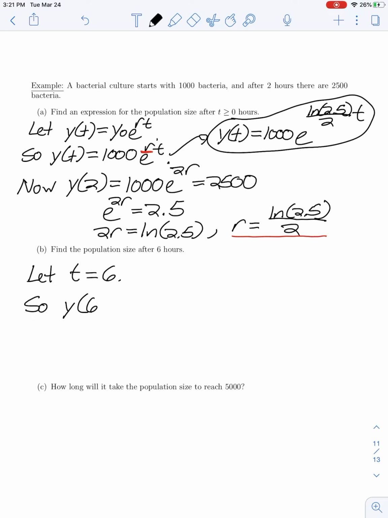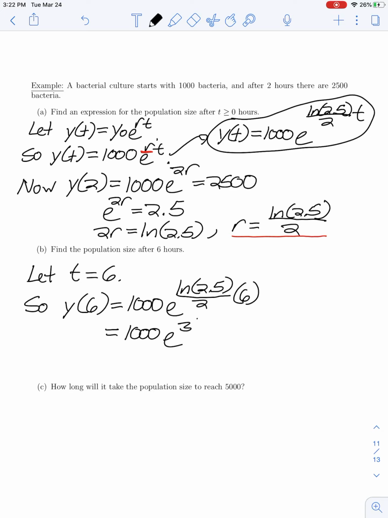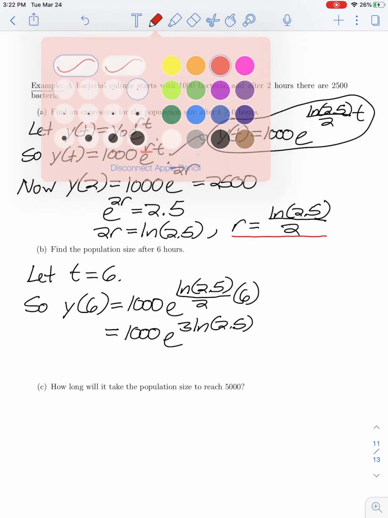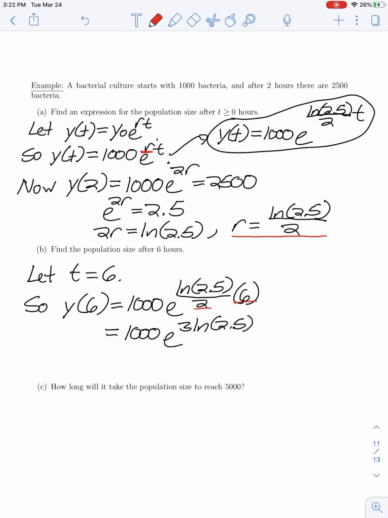And we find that our population size at time 6 is equal to 1,000 times e to the natural log of 2.5 over 2 times t, which is 6. So we're left with 1,000 times e to the 3 times natural log of 2.5. That 3 comes from the fact that we have 6 divided by 2 in our exponent.